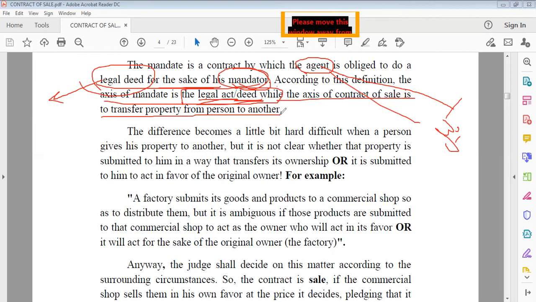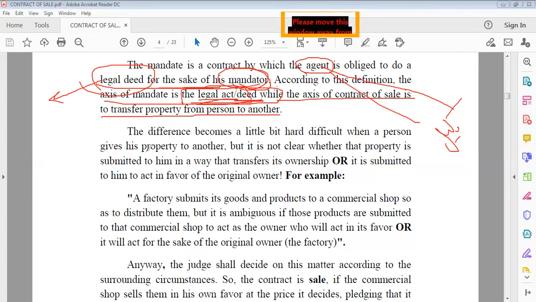So this is the first difference between the contract of sale and the contract of mandate. In the contract of mandate, the essence of this contract is to implement a legal deed. That's it. However, in the contract of sale, the main obligation is the transfer of the property from a person to another person in exchange for a price.